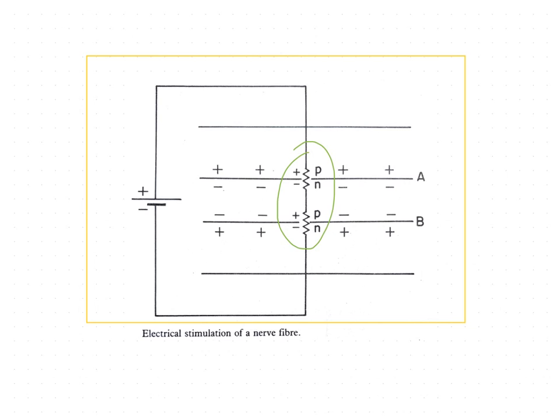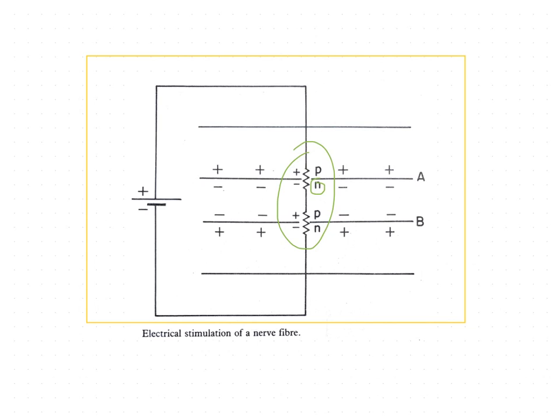The surfaces of the plasma membranes marked N lie nearest to the cathode. So here you can see the N is placed nearest to the cathode, and so becomes more negative, while the surfaces marked with P lying nearer to the anode become more positive.